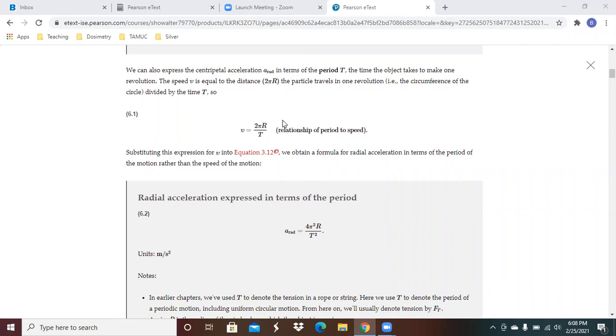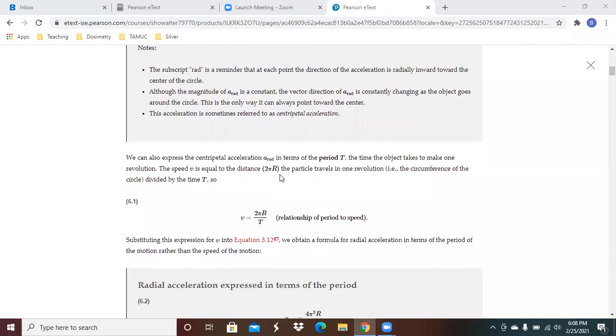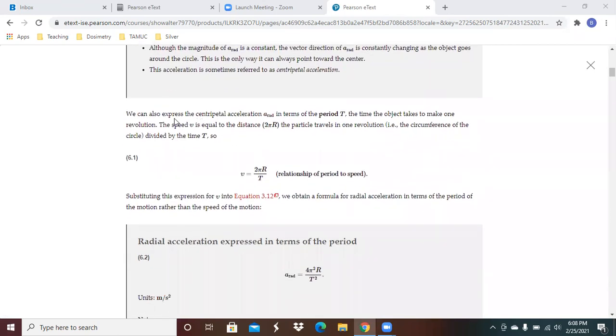So we can also take this particular arrangement, that's v squared over r, and we can change it around. We know that the speed at which this object travels is going to be some rate. It's going to be some length of measurement divided by time. We know that it goes around the entire circle of radius r.